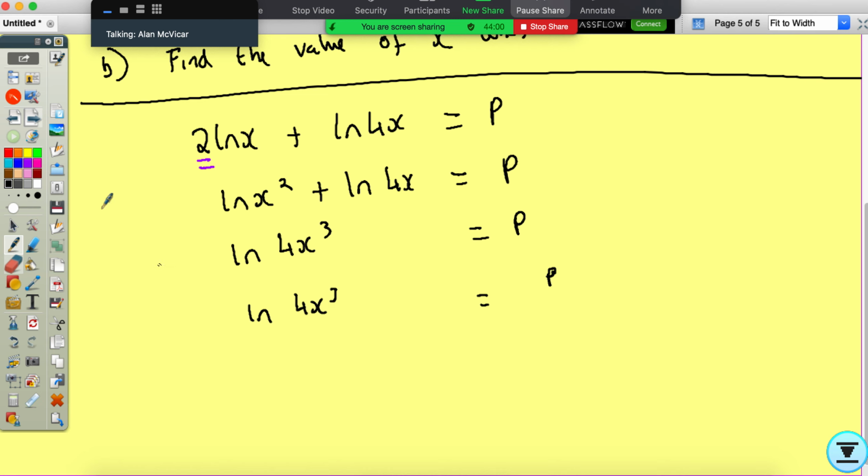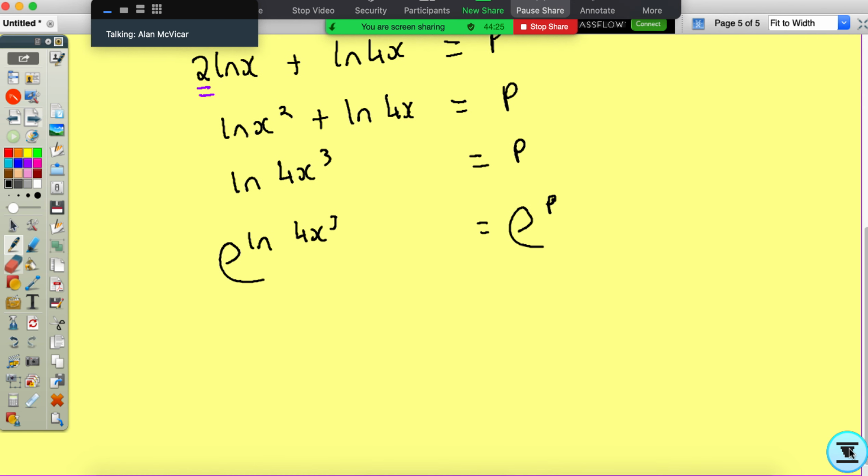So I take the exponential of that side, and the exponential of that side. The reason the e is as large is that the p is becoming a power, because when you take the exponential of something, it becomes a power.